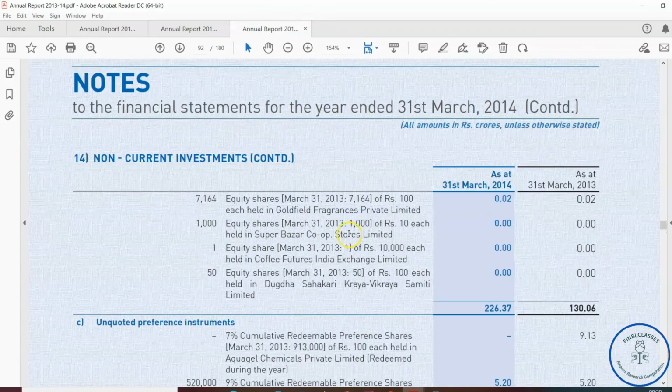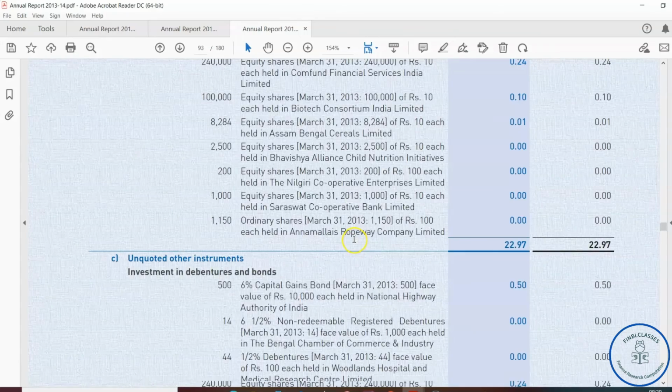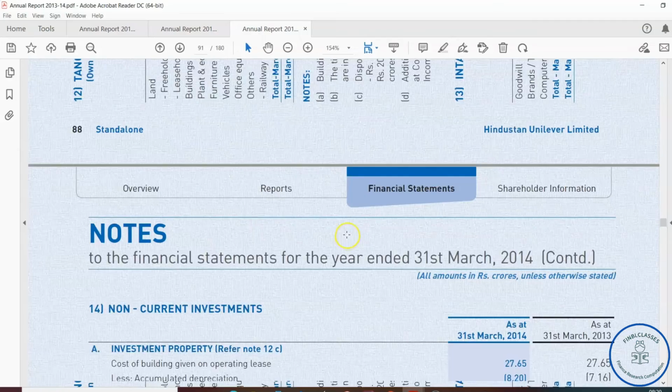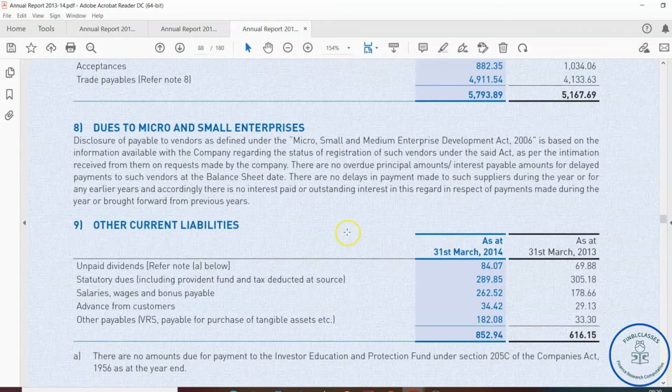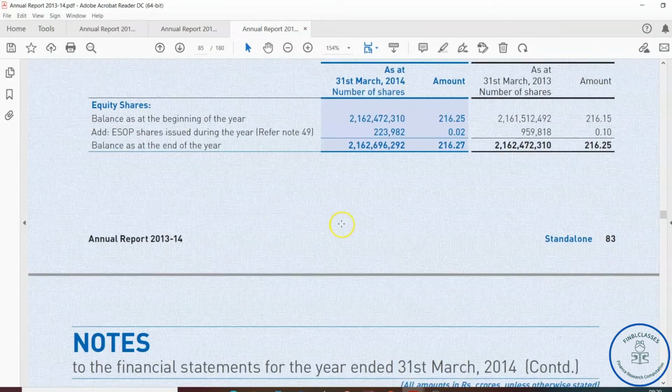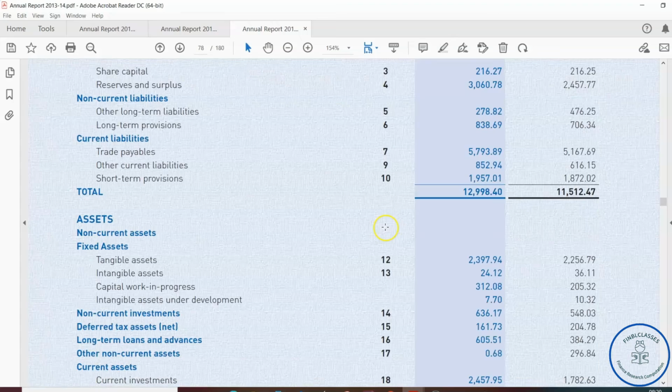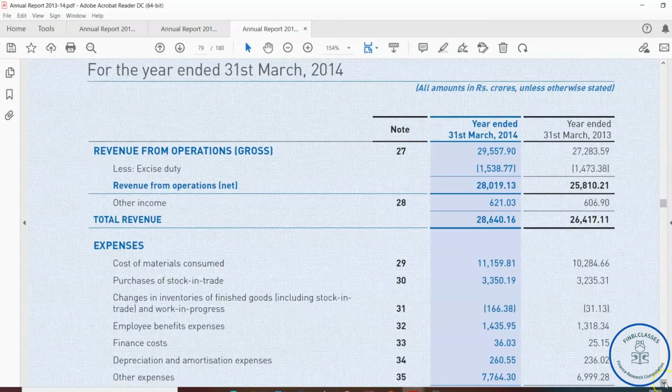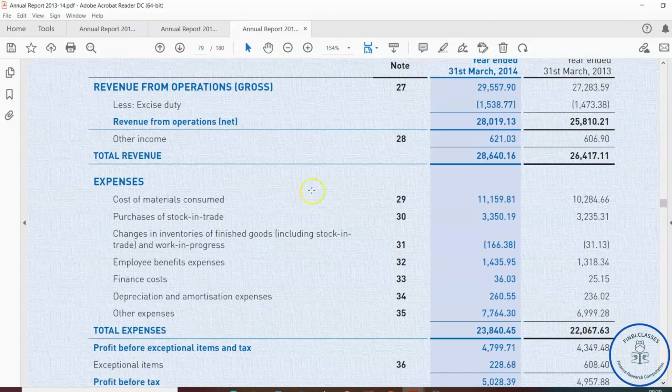The next thing that we have to see is the other income. What does other income mean? Let us get into the income statement, your statement of profit and loss. Here we find revenue from operations, and the next line item is excise duty.